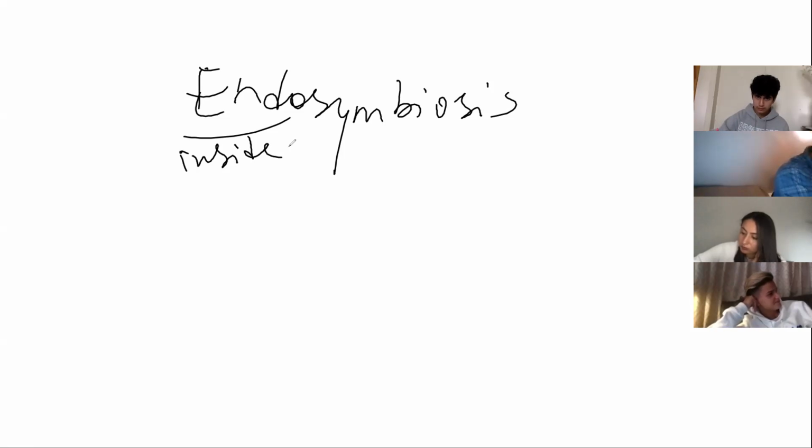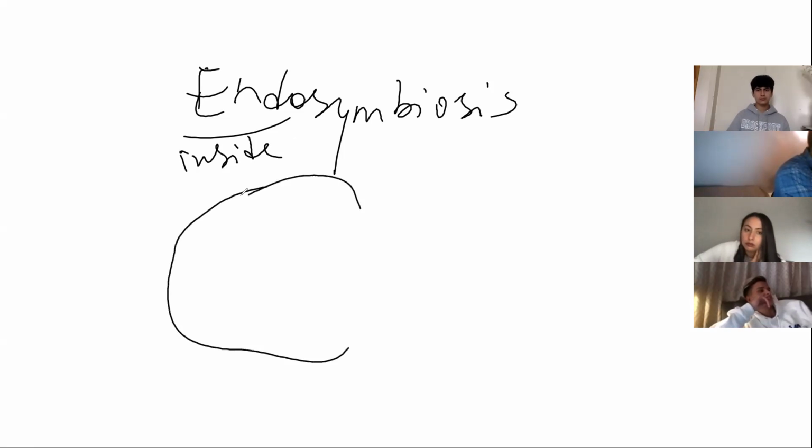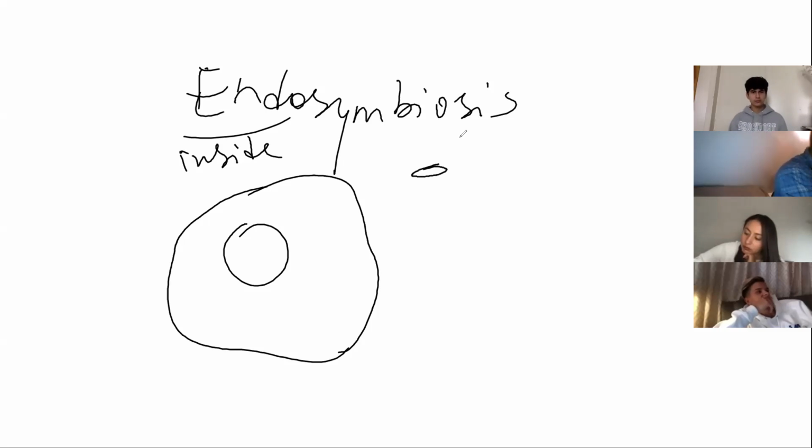Symbiosis is when two organisms actually benefit from cooperation, right? So in endosymbiosis, the story goes that there was a cell that was almost eukaryotic, and at a certain point it incorporated an independent organism.